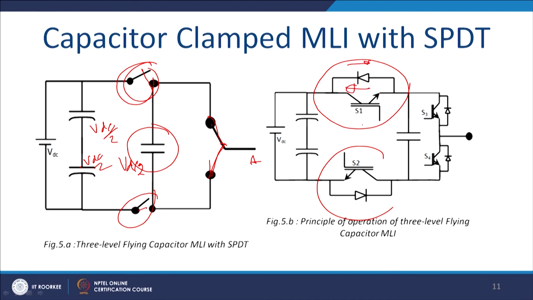This configuration of IGBTs gives you bidirectional current and unidirectional voltage blocking capability between these 2 points. Similarly, it gives bidirectional current and unidirectional voltage blocking capability, and you can close any of the switches here and here, and accordingly you generate the voltage VDC and minus VDC by 2. This is the simplest way of realizing the 3 level multi-level inverter.